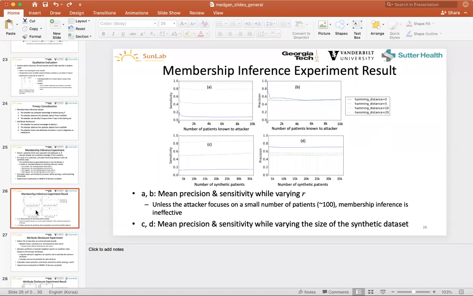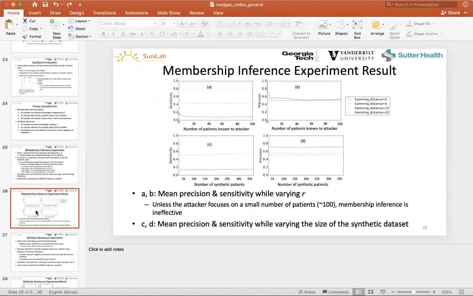And the more real patients the attacker knows, the higher the chance of identifying whether the ones that I know were used to train the synthetic data set.